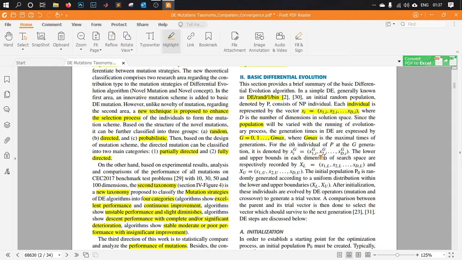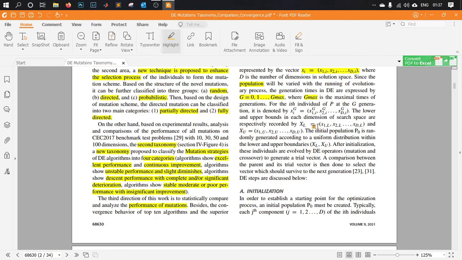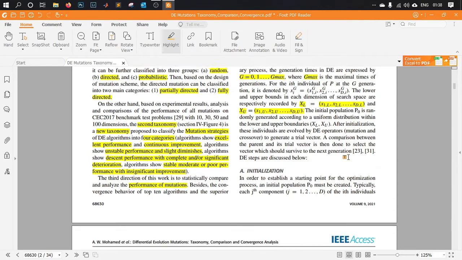And then there is this search space. There are bounds of the search space. So here it is talking about a bound constrained problem, where these are the lower bounds and these are the upper bounds, which are denoted by XL and XU.